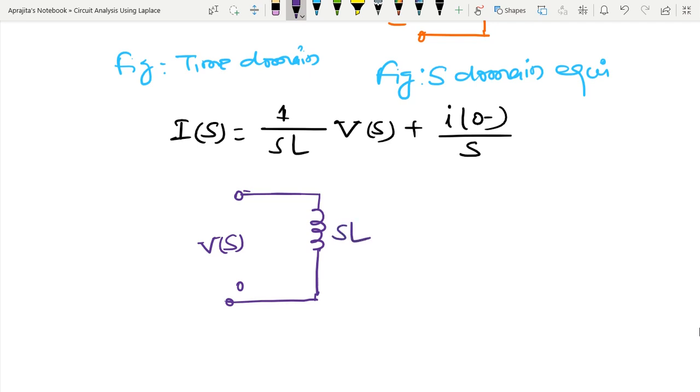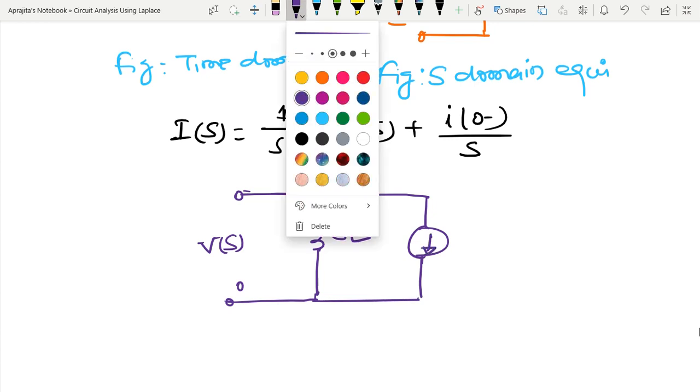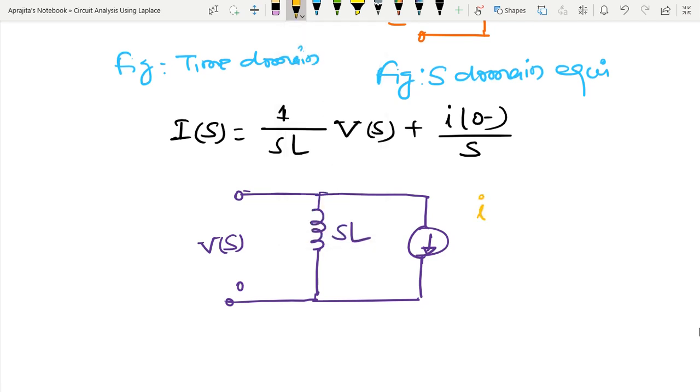So this term is nothing but sL, and after that I have one more term, and this new term is nothing but this particular quantity, that is I0 by s. So this figure also represents another S domain representation.